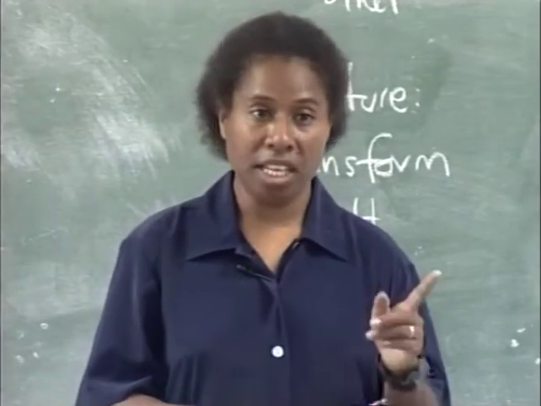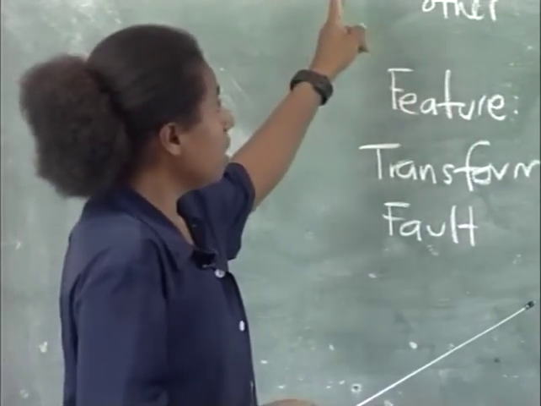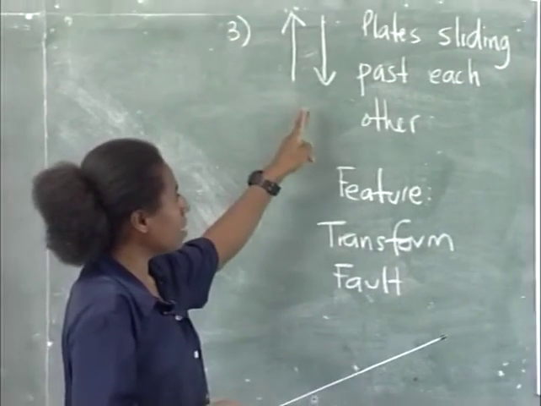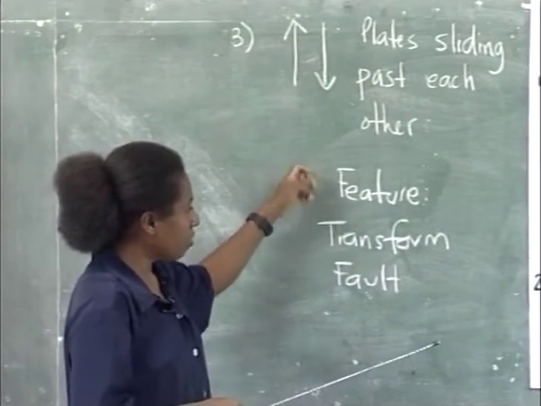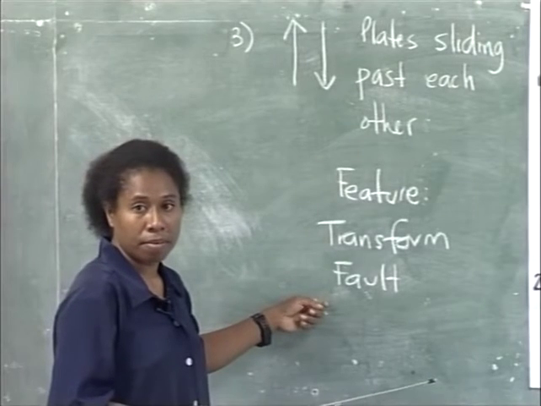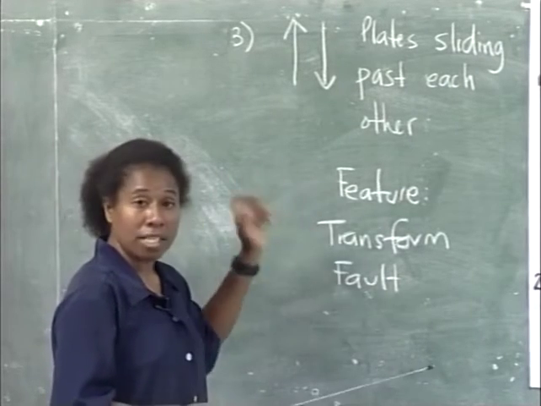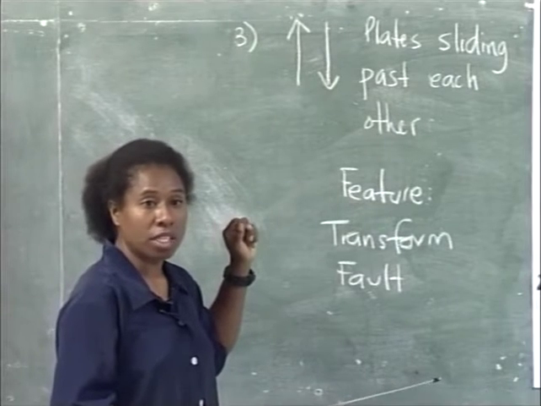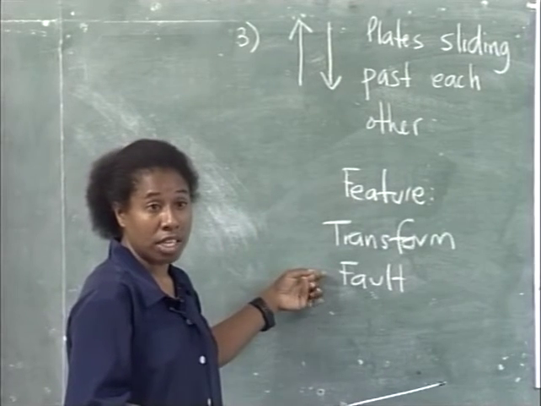Finally, the last or the third movement is that of when plates are sliding past each other. And when plates slide past each other, the main feature that is created is what we call a transform fault. A very good example of this will be the St. Andreas Fault in Los Angeles.